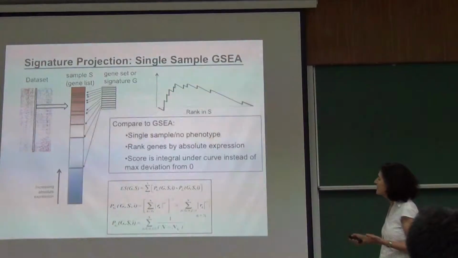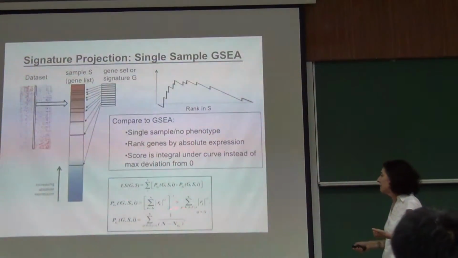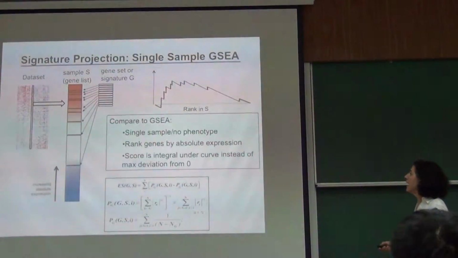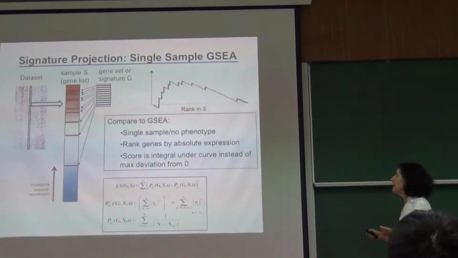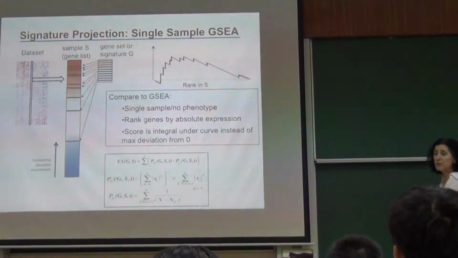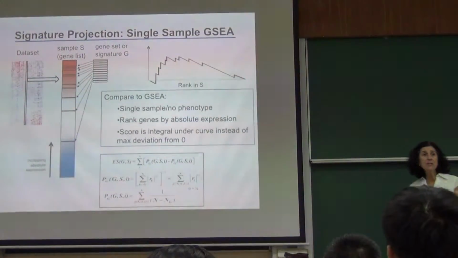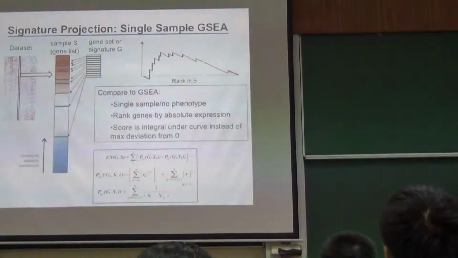It's a slightly smaller coefficient that we use; in fact, in this case, the coefficient is about a quarter. And instead of using the maximum deviation from 0, we use the integral under this enrichment score or random walk plot. But it's very similar, and the main difference is it works on one sample at a time.